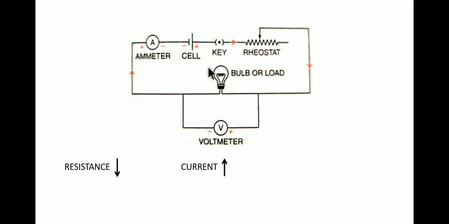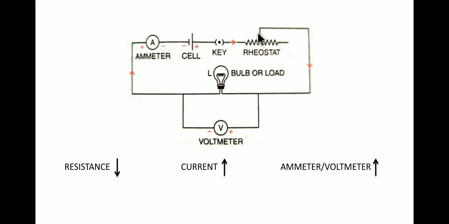With more flow of current, the ammeter reading will increase, and the voltmeter will also show its reading getting increased. So the ammeter and voltmeter readings will both increase.